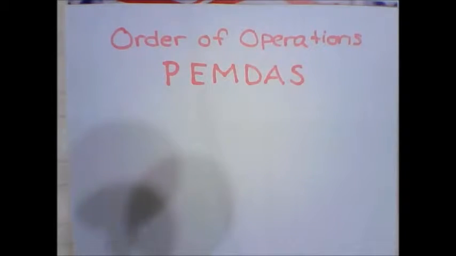Now, expression, that's a brand new vocab word. An expression is a mathematical phrase that contains numbers and operation symbols. When we get a little bit farther into our school year and into our curriculum, variables are going to start encompassing those expressions. But for right now, we're going to deal with just numbers and operations.